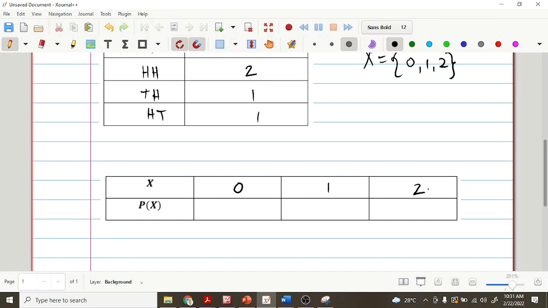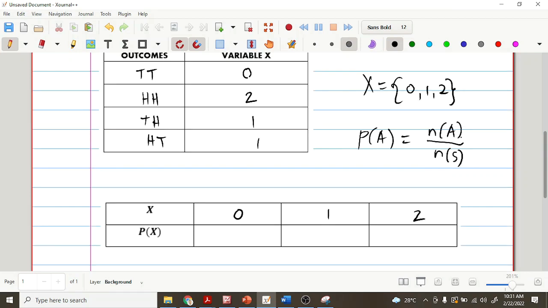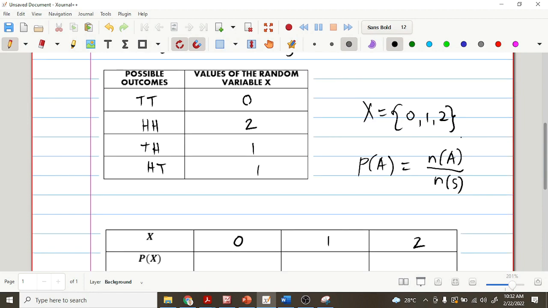So, let's just recall, the probability of event A is equivalent to the number of elements in event A all over the number of elements in the sample space. So here, para malaman kung ilan yung number of elements na ang a-appear ay 0 na heads, syempre we just refer to our table above.